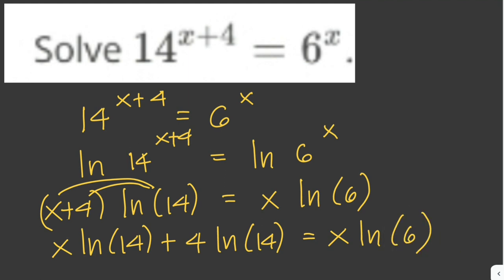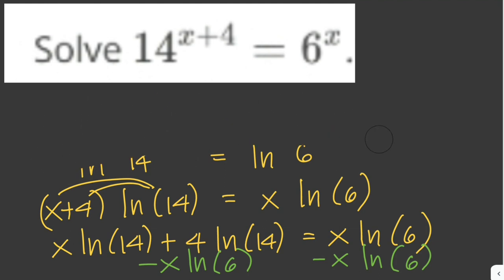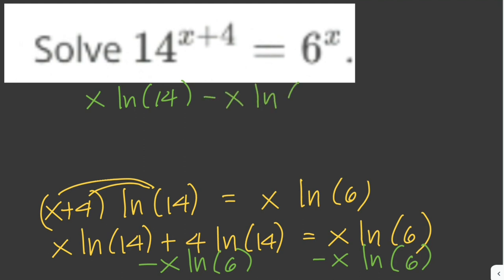Now we can group like terms. We can just subtract both sides by x ln of 6. Then we will be left with x ln of 14 minus x ln of 6 plus 4 ln of 14 equals 0.